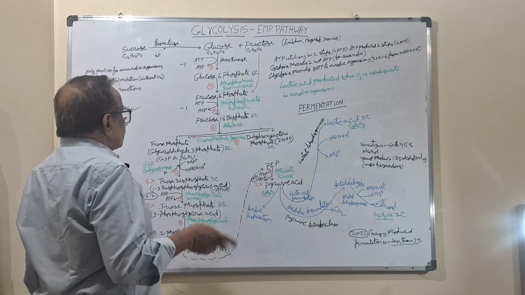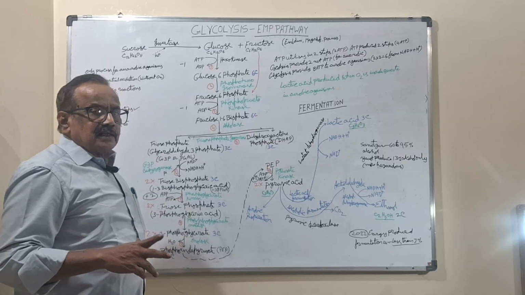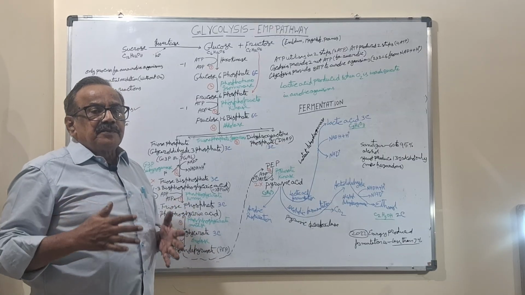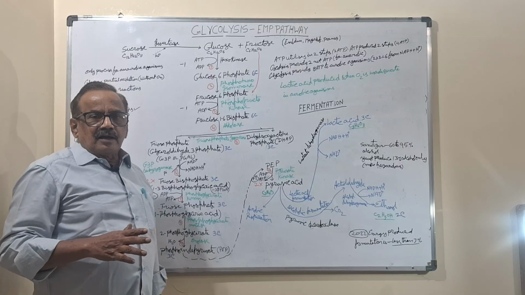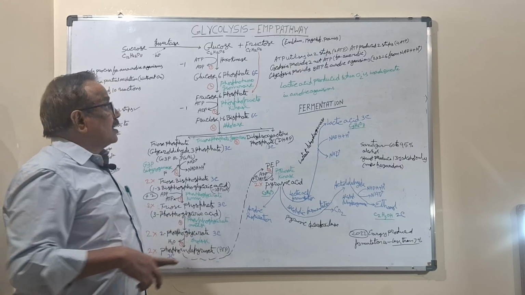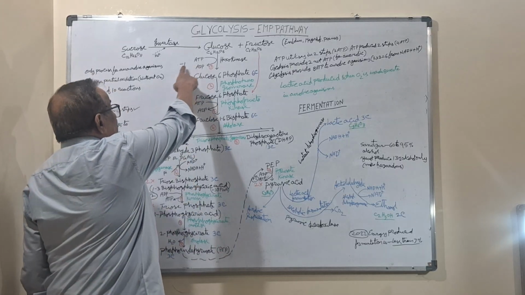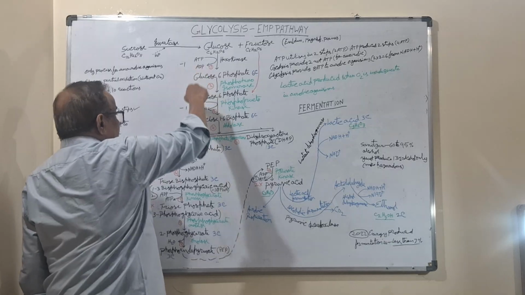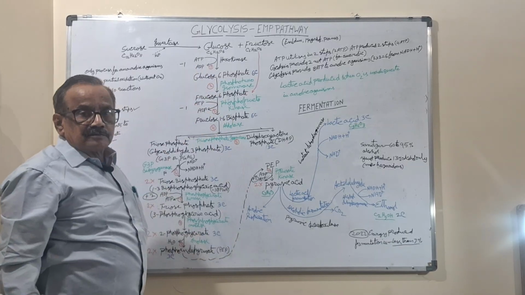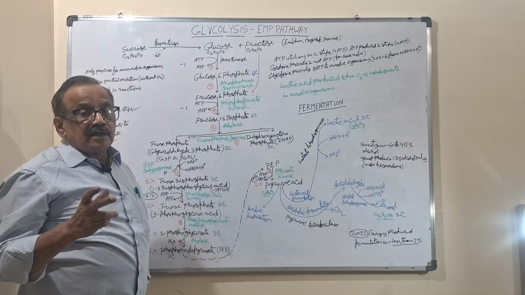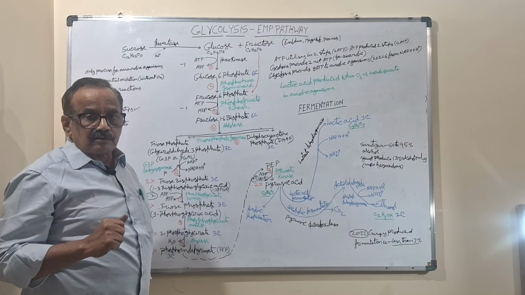For that only, reversible reactions are more in respiration, the energy related reactions. Here we have to remember one more thing: where ATP is taken and where it is given, how many are taken and how many are given. Already I told, here -1 is shown. In these 2 reactions, 2 ATP are consumed before the splitting of glucose.